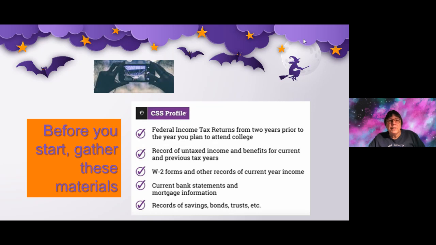You need a record of untaxed income and benefits for current and previous tax years, any W-2 forms and other records of current year income, current bank statements, savings, checking, and mortgage information if your parents are buying their house or they own their house, and record of savings, bonds, trusts. You might want to take a picture of this screen before I move off of it.